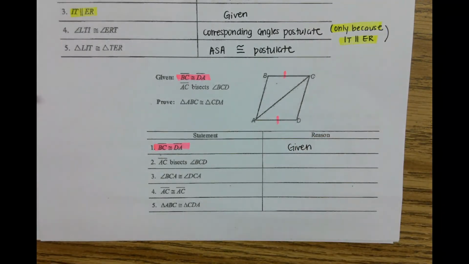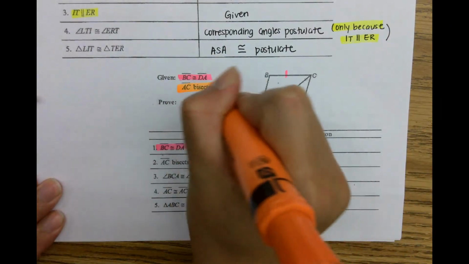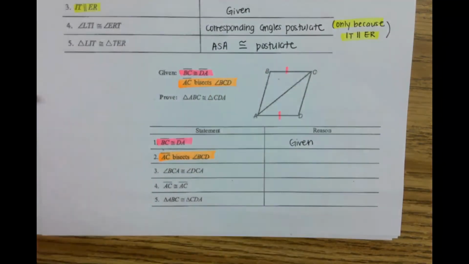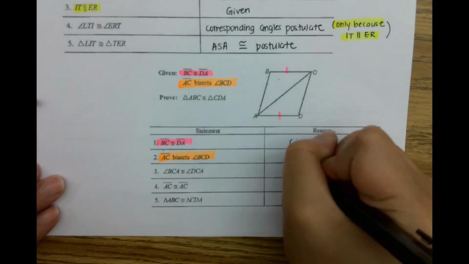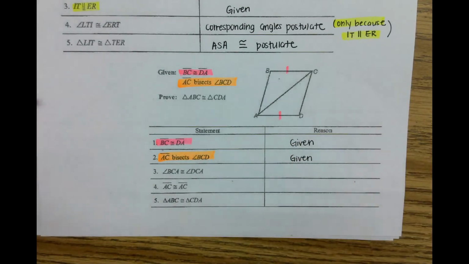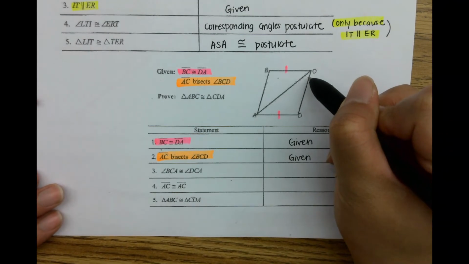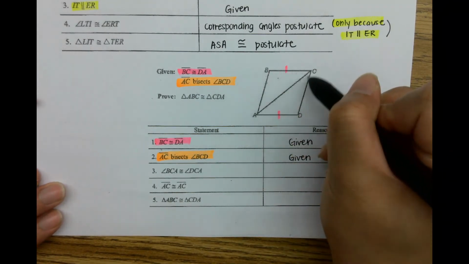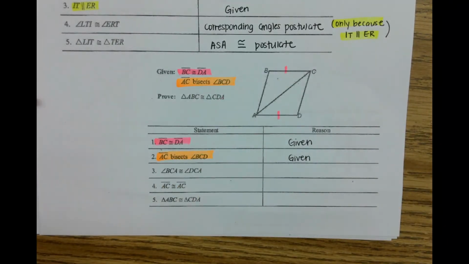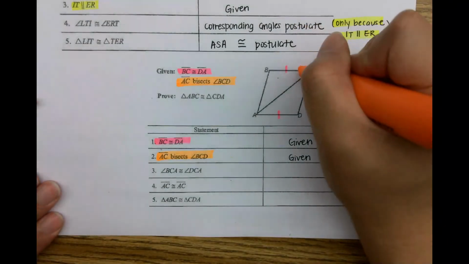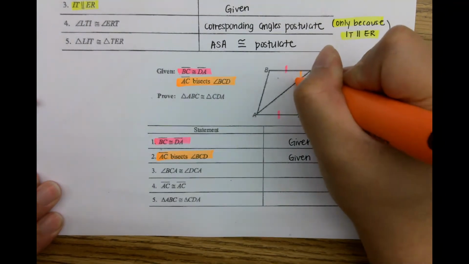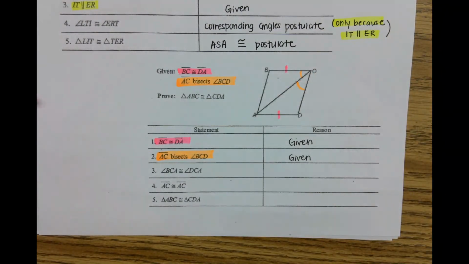Okay. Then I know that AC bisects angle BCD. So this is important information because bisect means something more, right? So since AC bisects BCD, that is given to me. So AC here, this line bisects, it cuts this angle BCD. And what that means is when it cuts it, this angle here and this angle here are now congruent.